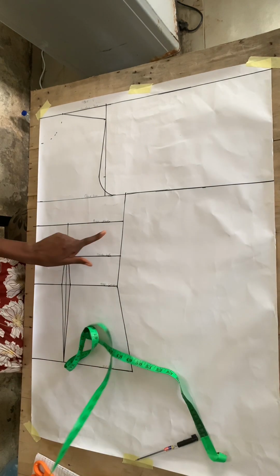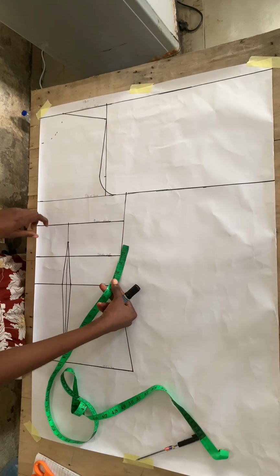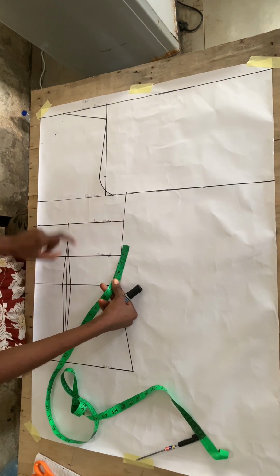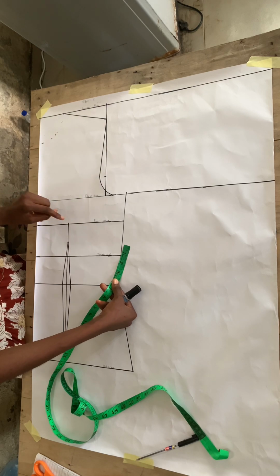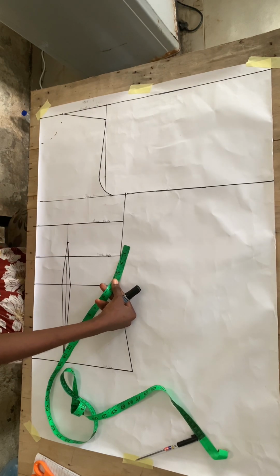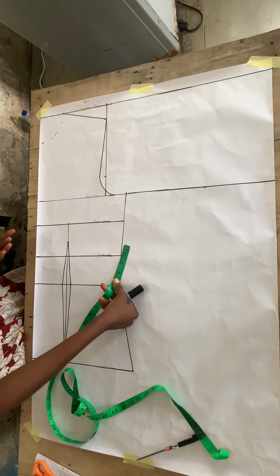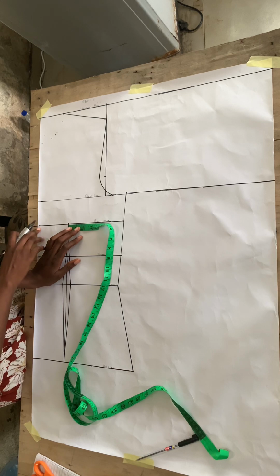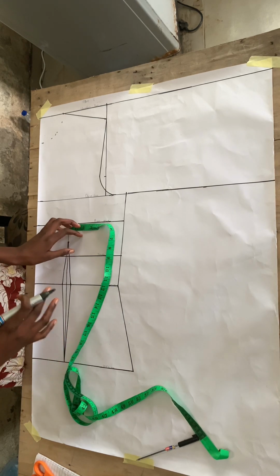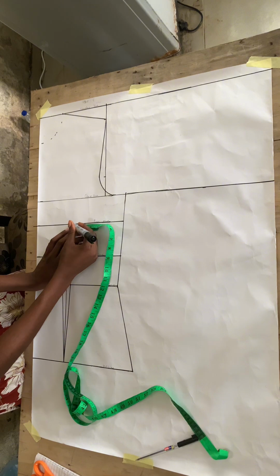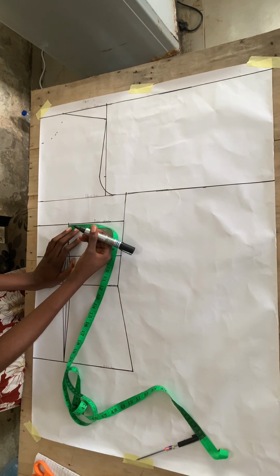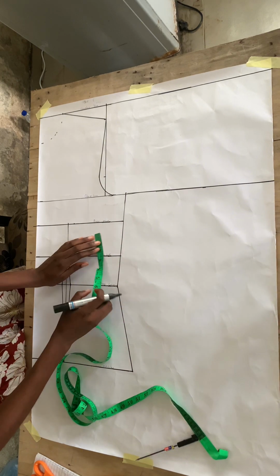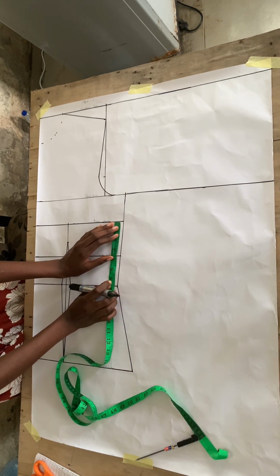So the next thing we are going to do is to measure our bust dart. As we know, we need ease for the bust and to shape the bust properly. So depending on the size of the bust, your bust dart is also from 1.5 inch to 2.5 inches. Depending on how full the person's bust is, on that dart line that you marked on your bust point, you come outside towards your armhole by 0.75 inches.